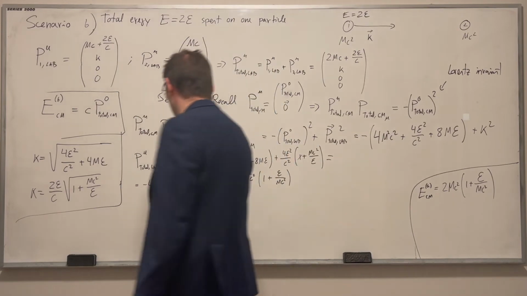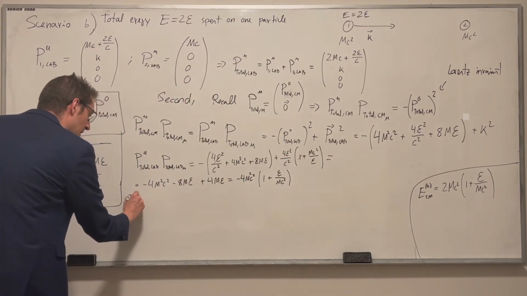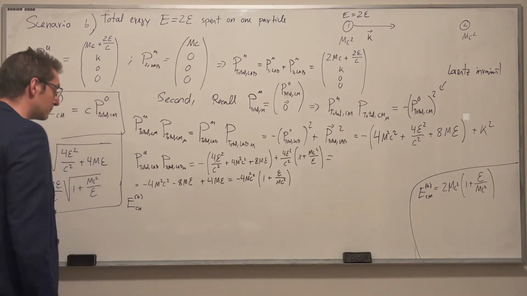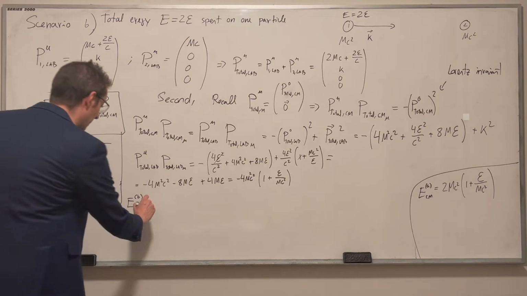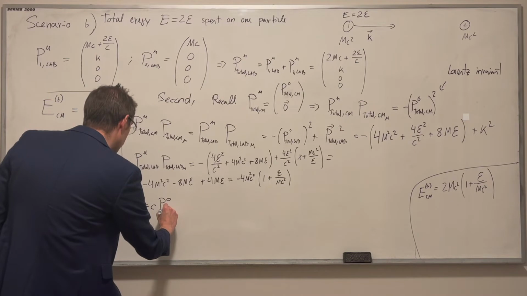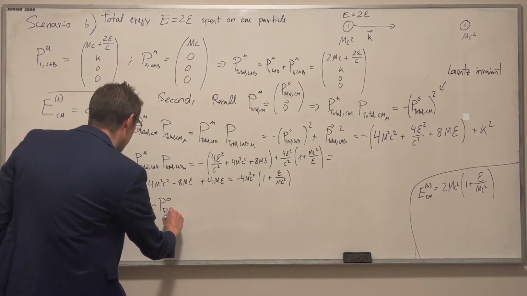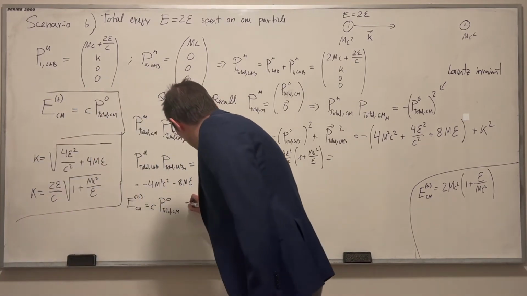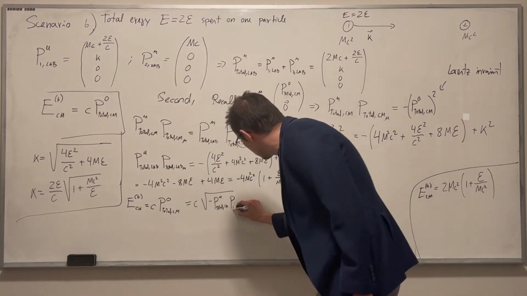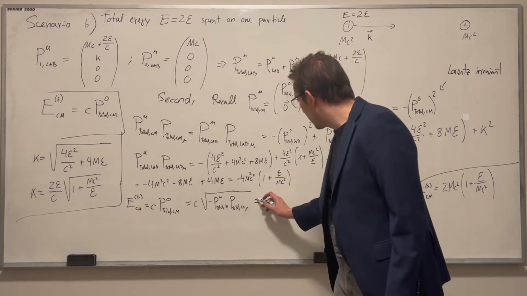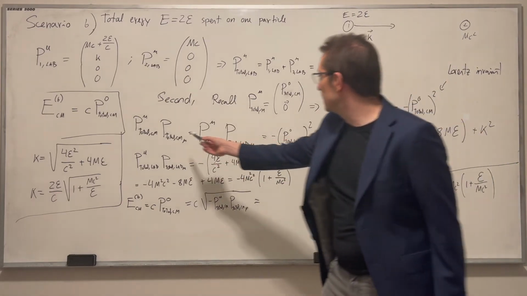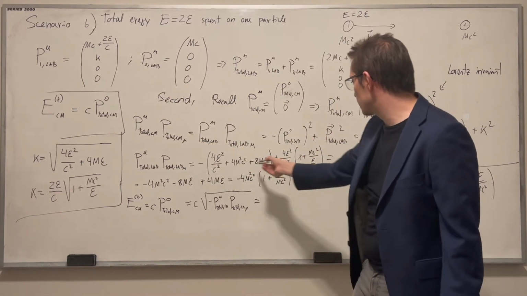Okay, so to compute what we want now, which is E in case B in the center of mass frame, going back to this, it is c times the 0th component of the total four-momentum of the center of mass, which is of course c times the square root of minus P^μ total center of mass, P total center of mass μ. Because this is the same in all frames, we computed it in the lab one, and we can substitute this result that we obtained.